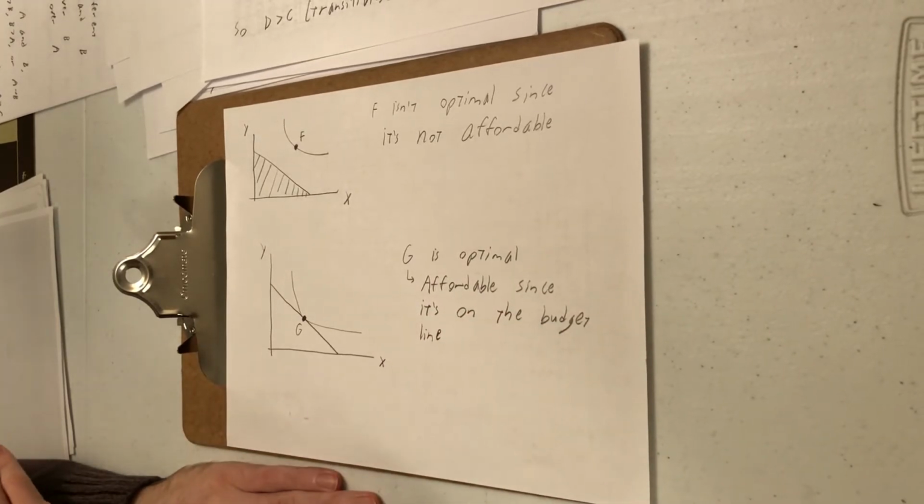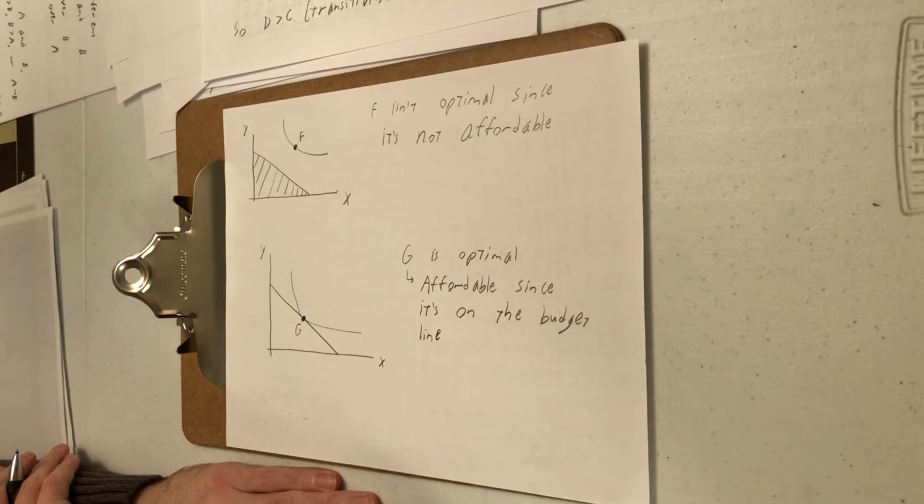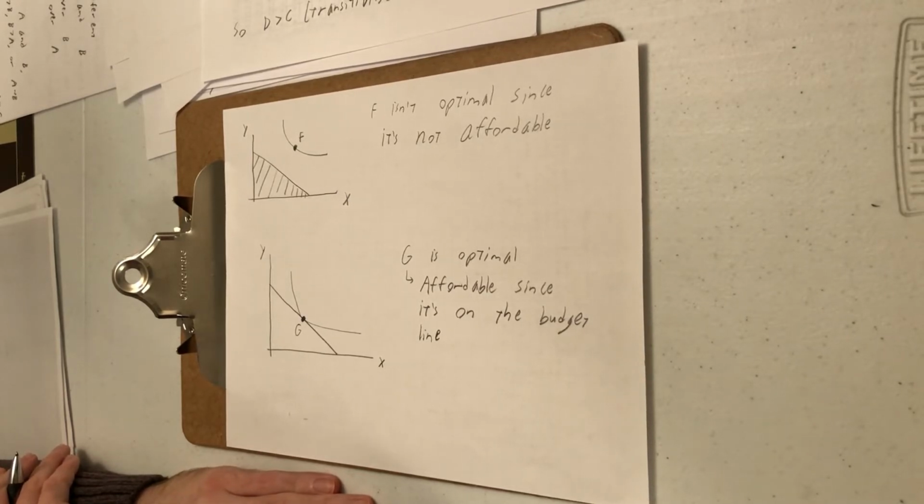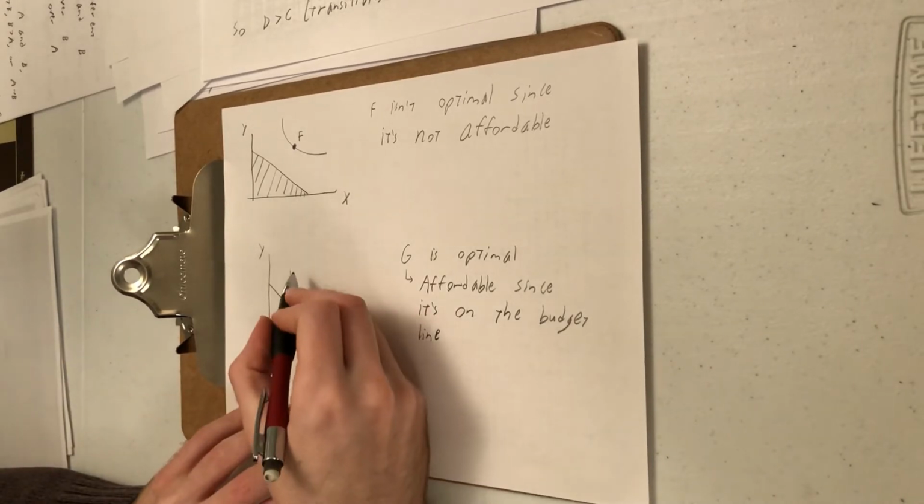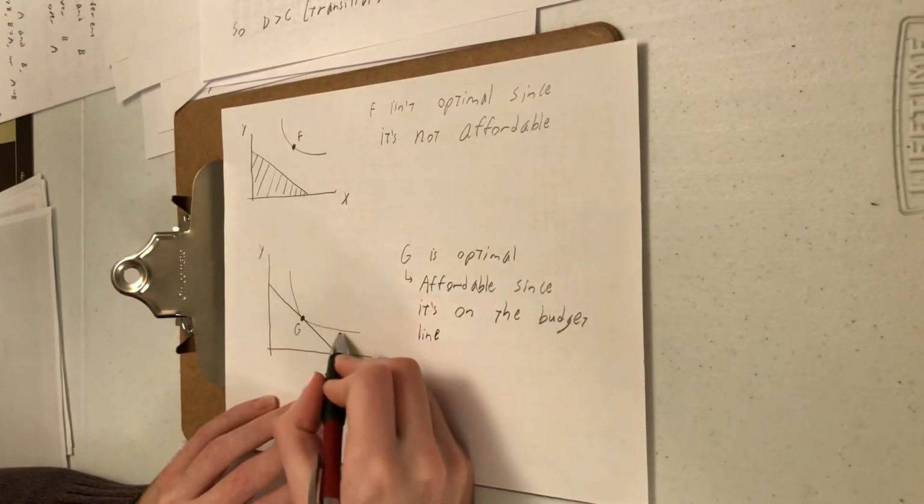But to be optimal, it has to be the best bundle we can afford. And it is. Everything better than G would be everything above this indifference curve.